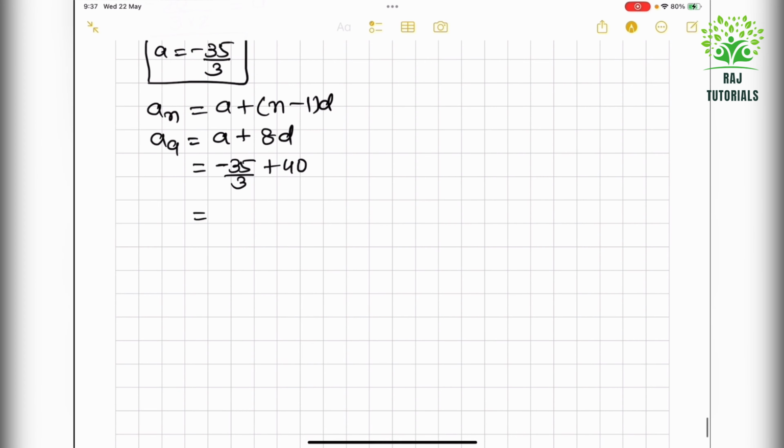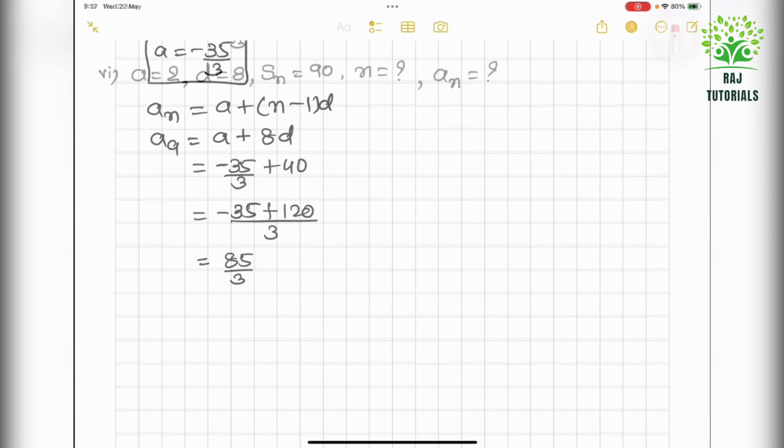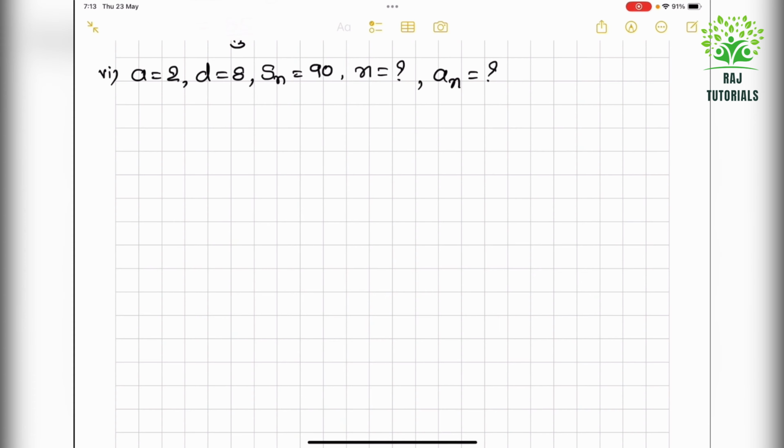So that will be minus 35 plus 120 upon 3. So that is coming to 85 by 3. Here a is 2, d is 8, Sn is 90, n and an we have to find.